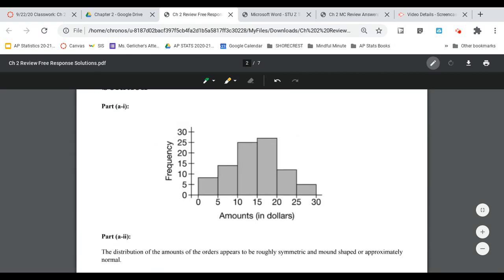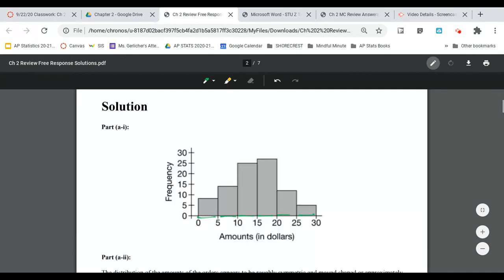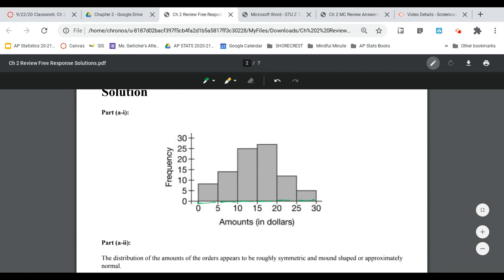Here's the graph. So the things to notice, there were 6 bars that matched the 6 things in the table. And both axes have the correct numbers and have words. So this is an easy one to miss. You just assume that they know it's frequency.